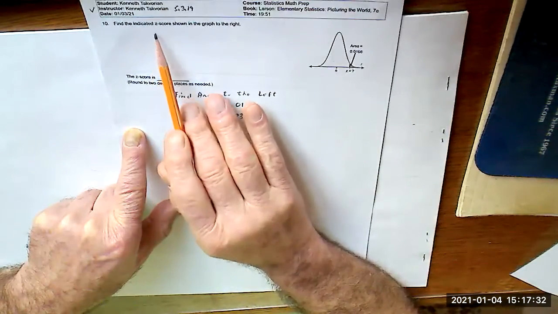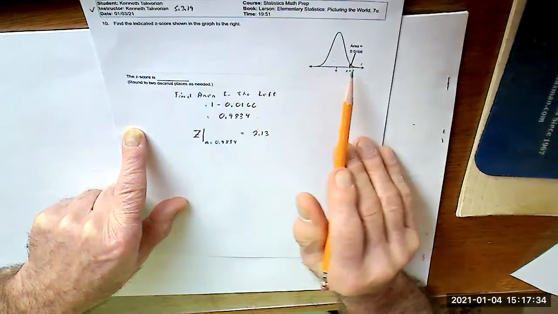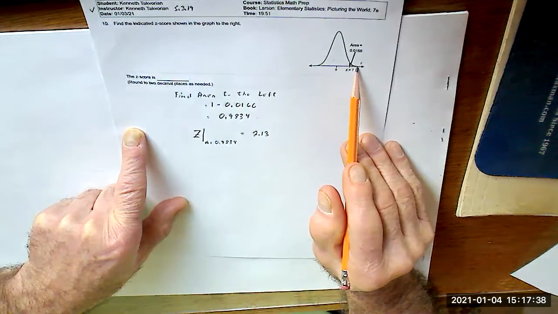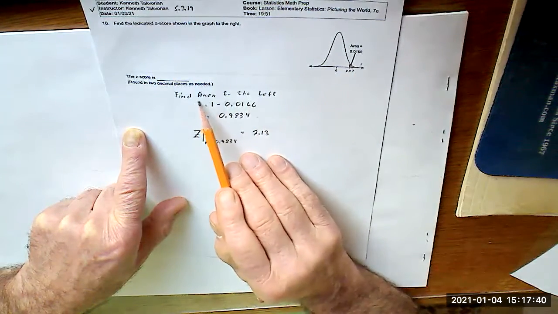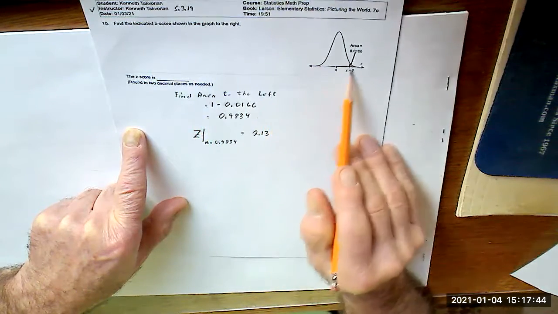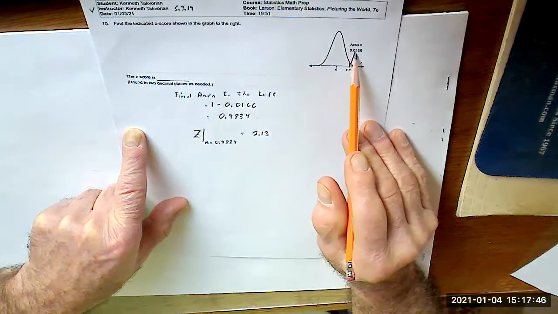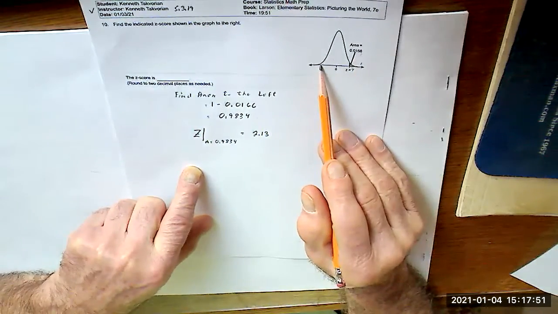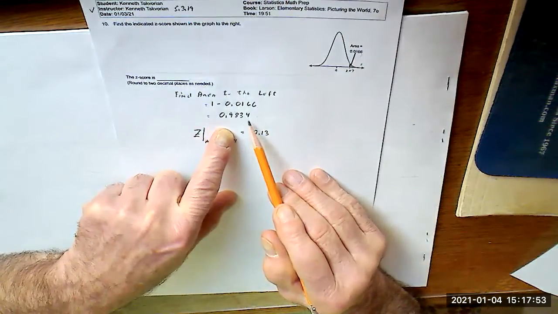For the next problem, we're asked to find the z-score shown on the graph. We want the z-score corresponding to the right tail. Well, to find the area, we need to do that. We can find the area to the left of that by subtracting 0.0166 from 1 to give us 0.9834.